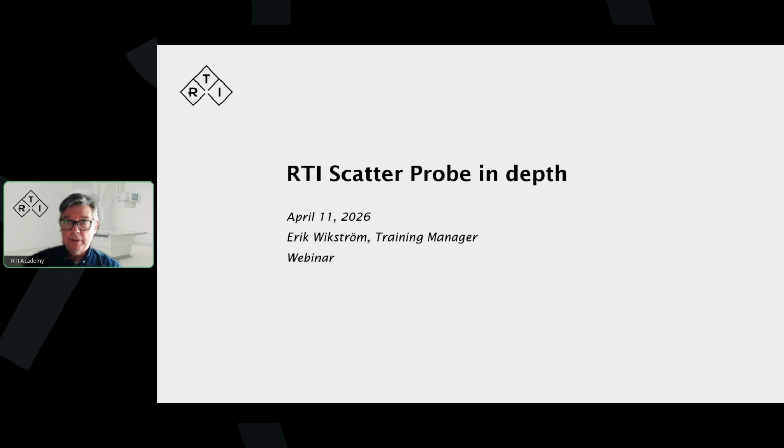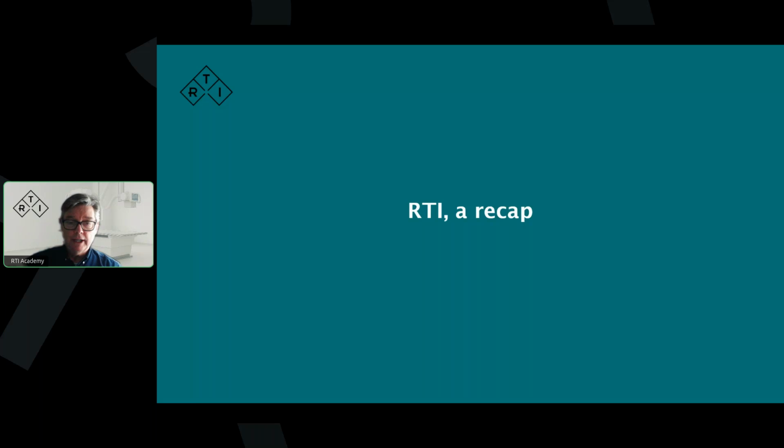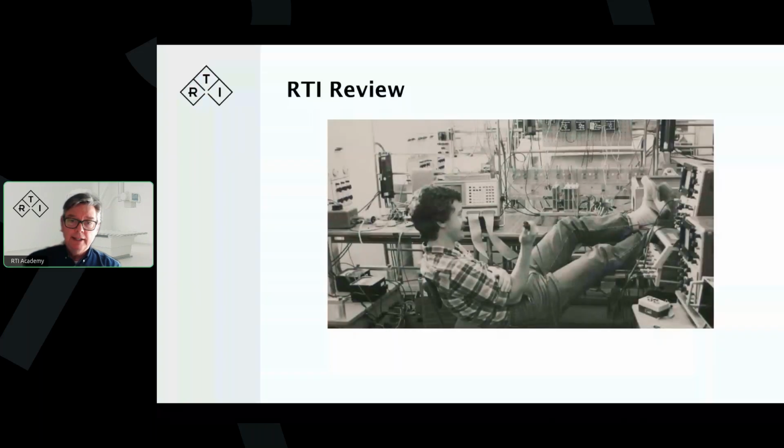All right, I think we'll now, 3 minutes past the hour, make a gentle start. In this presentation, we'll look briefly at RTI. What is RTI? Well, we've been around for quite a while. We're now 45 years in this business.